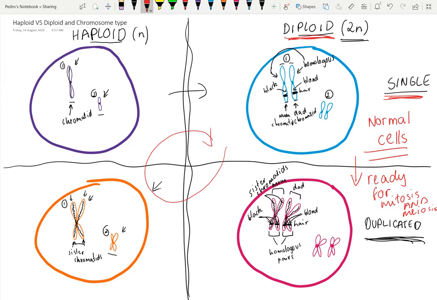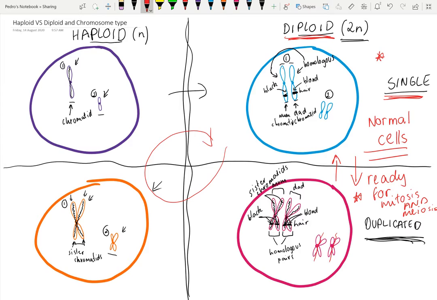If mitosis were to happen, we're just literally going to break these chromosomes at the centromere. Okay, anaphase literally does that. And so mitosis literally jumps back into this box up here. Okay, so that's mitosis. Mitosis is done. We literally go from up here to down here.